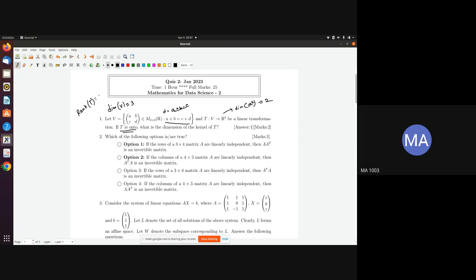So rank is 2, correct? Now we know the rank-nullity theorem, right? So rank T plus nullity T will be the dimension of the domain, that is 3. So rank is 2, so what will be the nullity? 1. Got it.